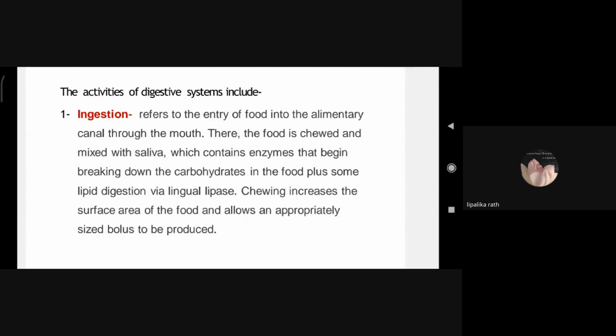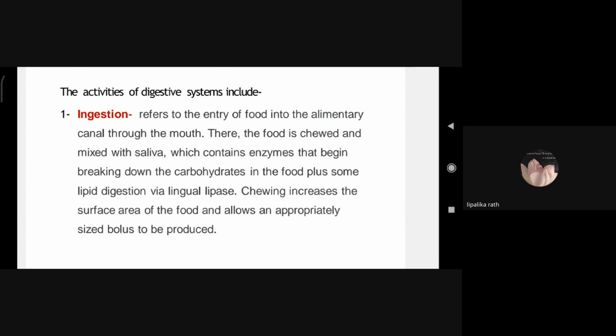So it has already been discussed that when we consume food, it goes into the alimentary canal through the mouth, and at the start it is mixed with saliva and chewed. The breaking down process is first done by our teeth, which is why we learned the types of teeth. So breaking down takes place in the mouth through teeth and mixing with saliva, and some nutrients like carbohydrates and some lipid digestion also take place in the mouth only.